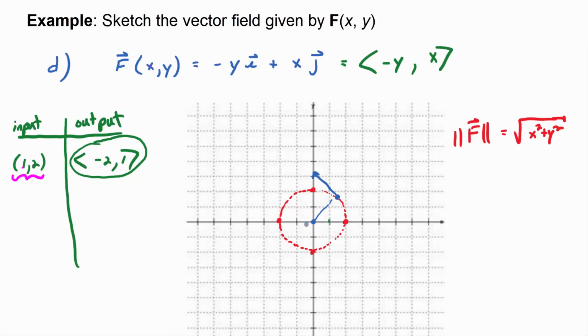So if the radius is 2, then the length of this vector here, first of all, it'll be perpendicular, if you think of the input as a vector. This being the input, it'll be perpendicular to that vector, and it will have the same length as the radius of this circle. So that every vector on this circle has the same length and is perpendicular to this circle.